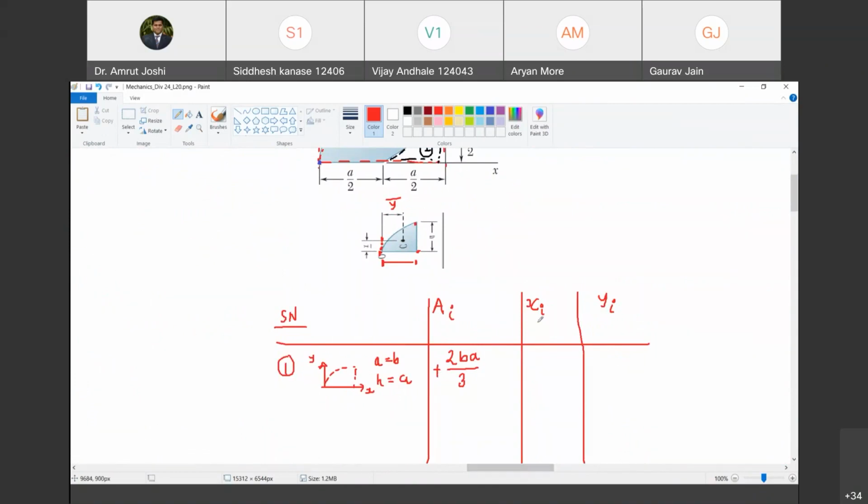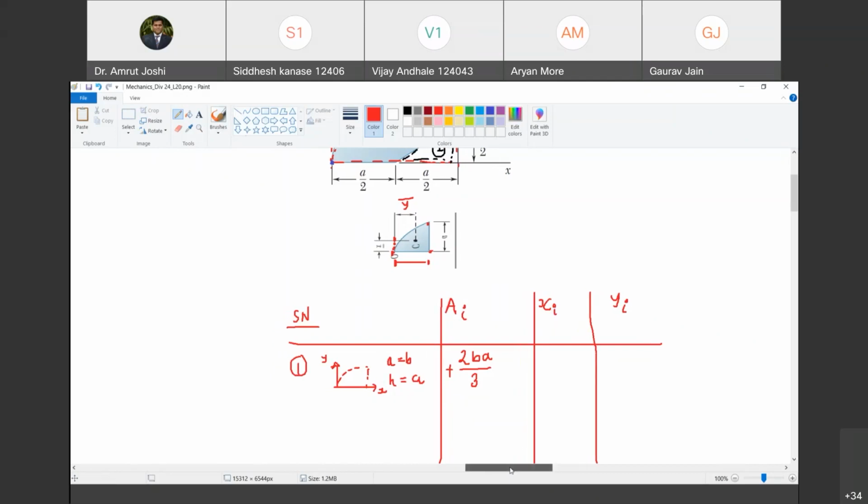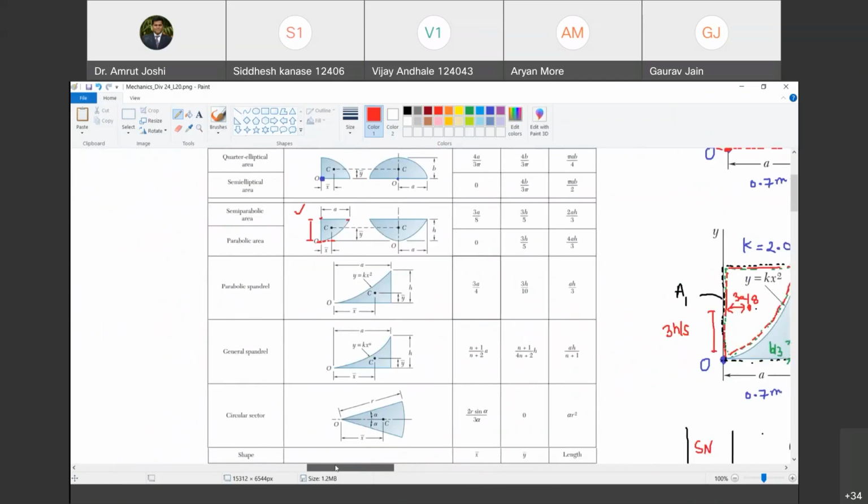Now we are going to write down x. That means we need to find out this distance. Are you with me? But you will agree with me that y bar in the given formula is x. Look at this.